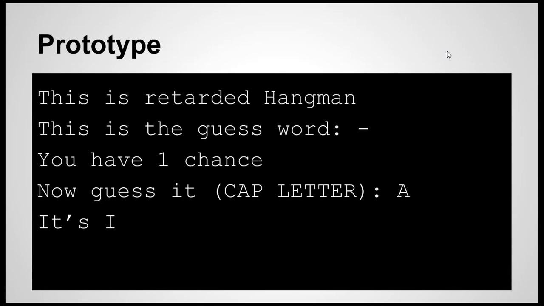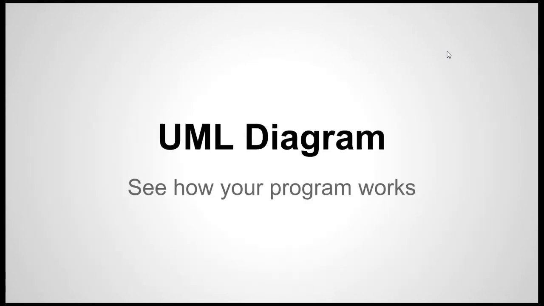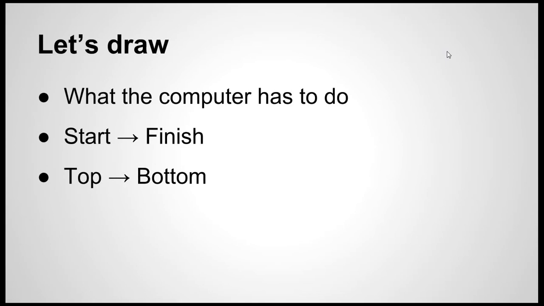Then we will develop from the prototype using UML diagram, basically to visualize the parts of the program, so we can draw connections between them and see how it works. So that's the way we create the model using UML diagram. So we will start by drawing the UML activity diagram right away.